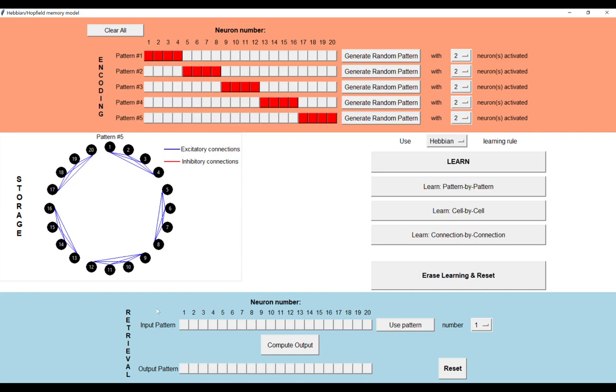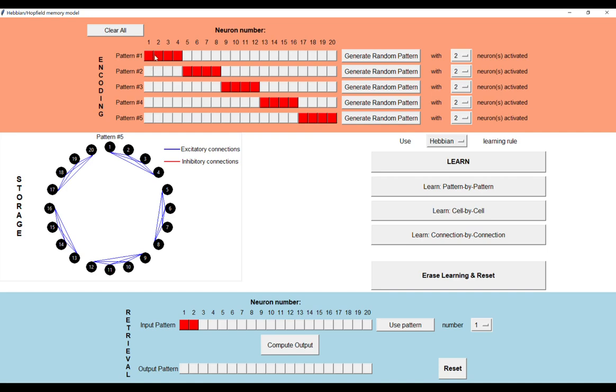So then the final stage of memory is retrieval. So let's say that I hear an incomplete part of that first song. So maybe it's a staticky version of that song. It's an imperfect stimulus of that first pattern.